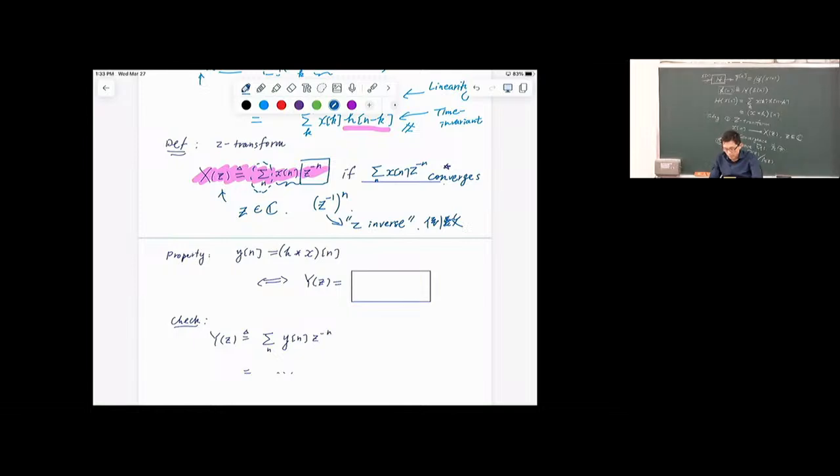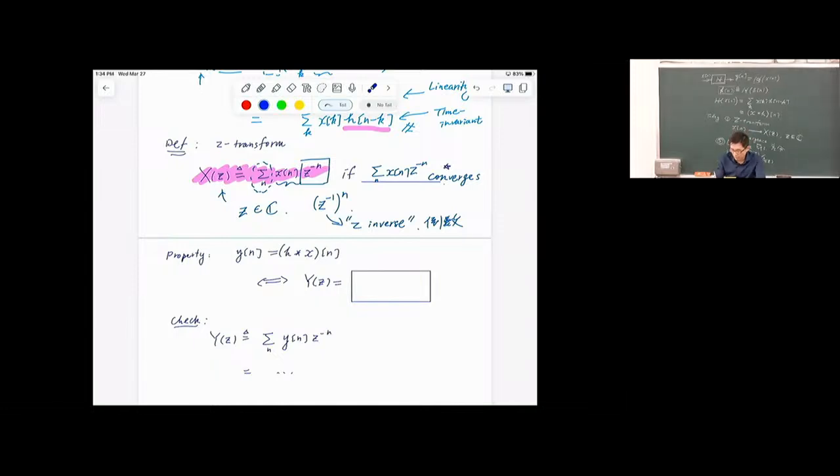But if the summation converges, then there's an important property which we also call the convolution theorem. That is to say, if x and h convolve in time, as in the context of an LTI system, when we have an input and the impulse response that convolve to produce the output, then in the Z domain their transforms multiply with each other.